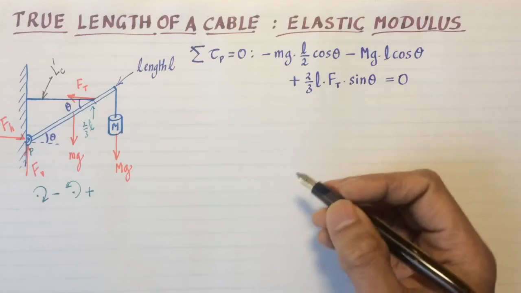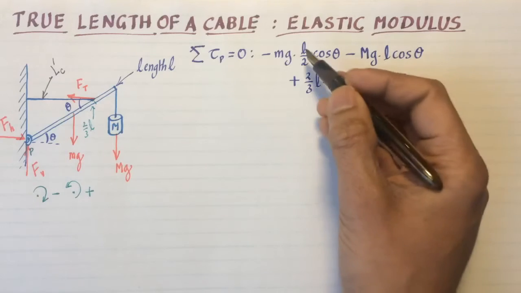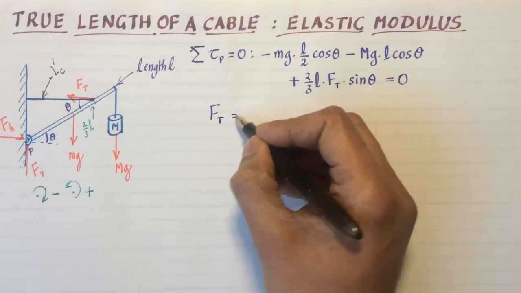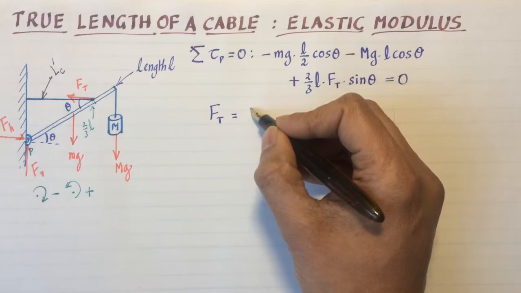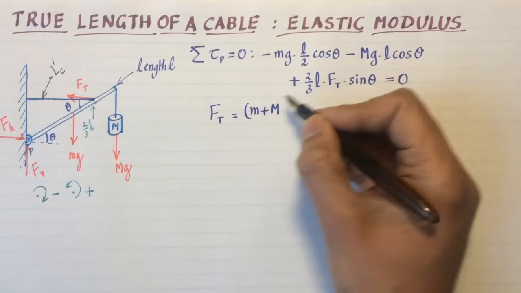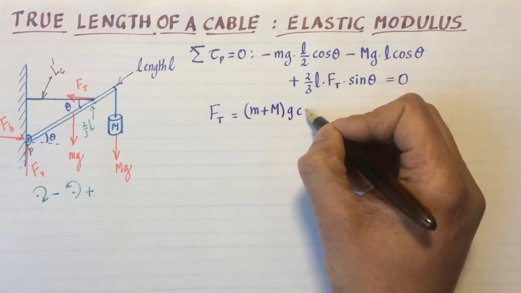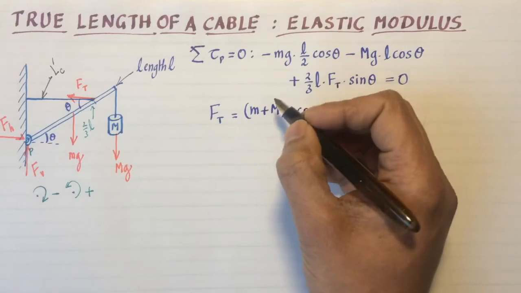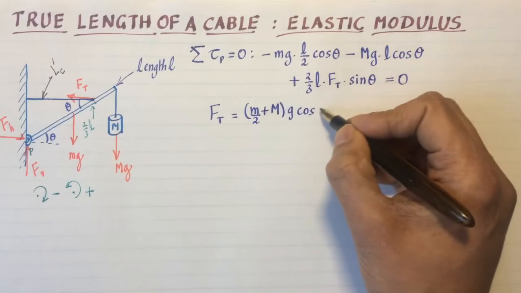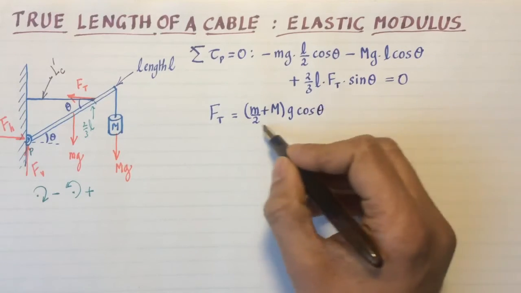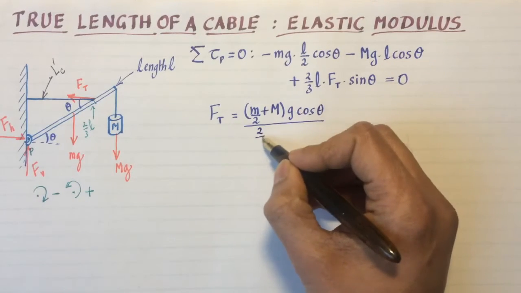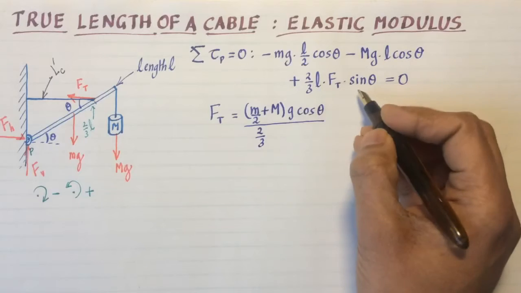So this can be solved. Notice the little l's cancel out, so I can solve this for F sub t. I get F sub t equals, actually, there's m over 2 there, so m over 2 plus M, times g cosine theta, divided by 2/3 sine theta.